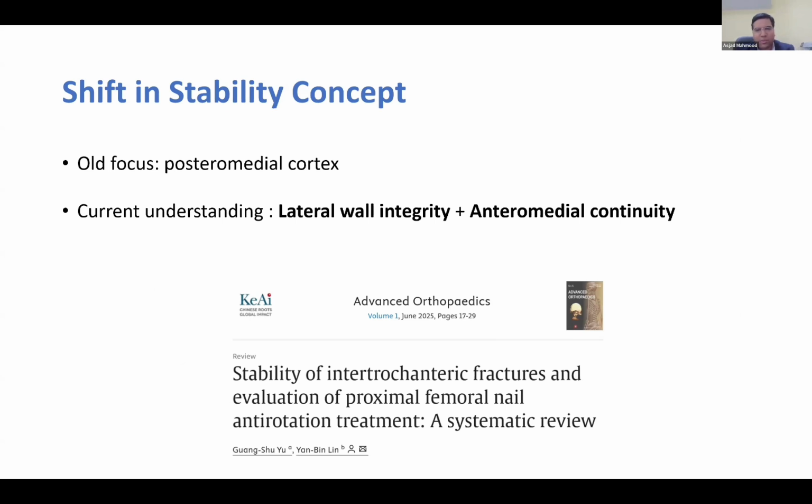Even with a posteromedial combination, if the lateral wall is fine, or we deal with the lateral wall in a stable manner, or anteromedial continuity is there, then the posteromedial combination doesn't matter.